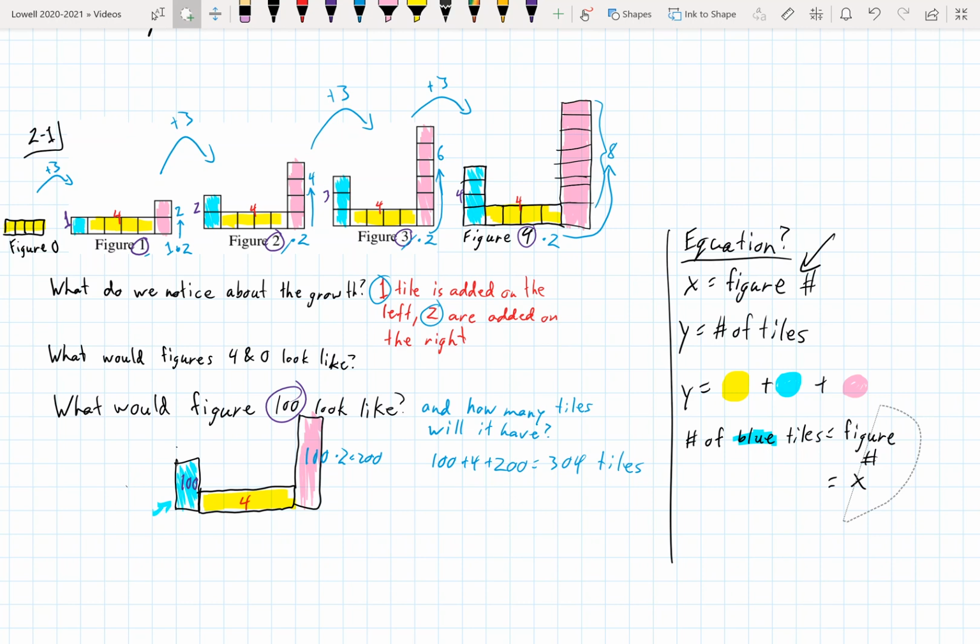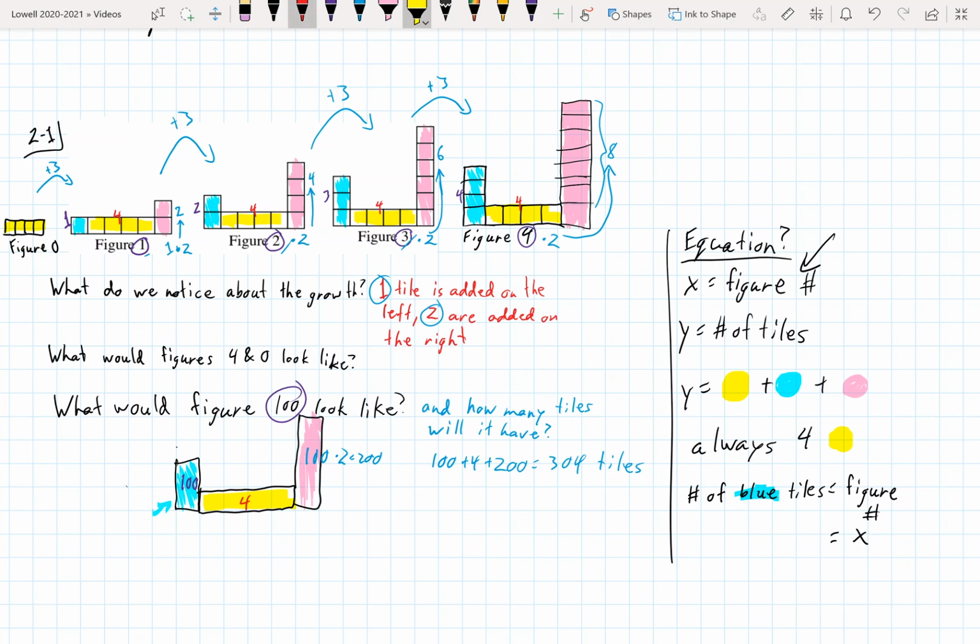The yellow tiles, again, are always the same in every figure number. It's always 4 of them. There are always 4 yellows. So that's why that's always there.